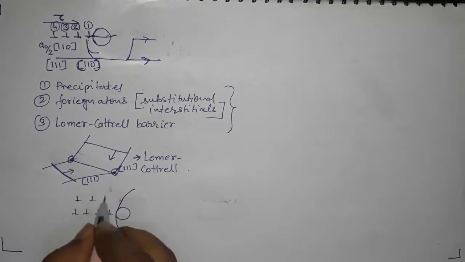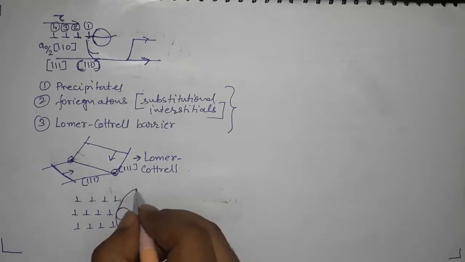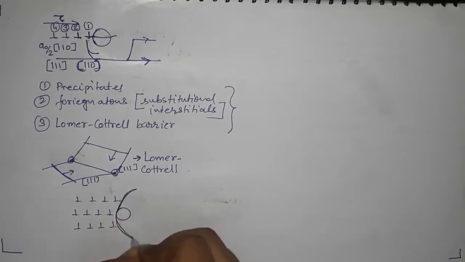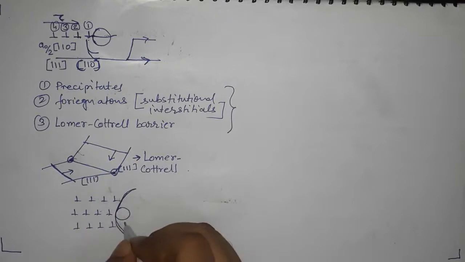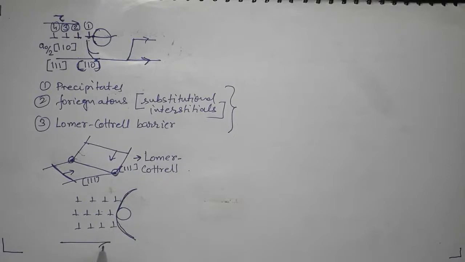This pile-up will be true not only for edge but also for screw dislocations, but I'm drawing only edge dislocations. So this is a barrier boundary where all these dislocations are getting blocked, and I'm applying my stress so that the shear stress is in this direction.